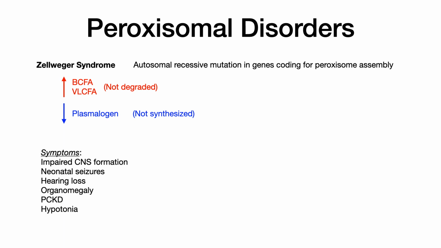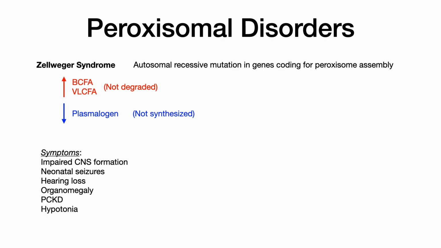Now, if you were paying attention to what I was talking about one slide prior, the actual pathophysiology here should make perfect sense. You get increased levels of branched chain fatty acids and very long chain fatty acids. Again, because the peroxisome was not assembled correctly, it can't carry out its beta oxidation and alpha oxidation. So you get increased levels of these fatty acids simply because they're never degraded.